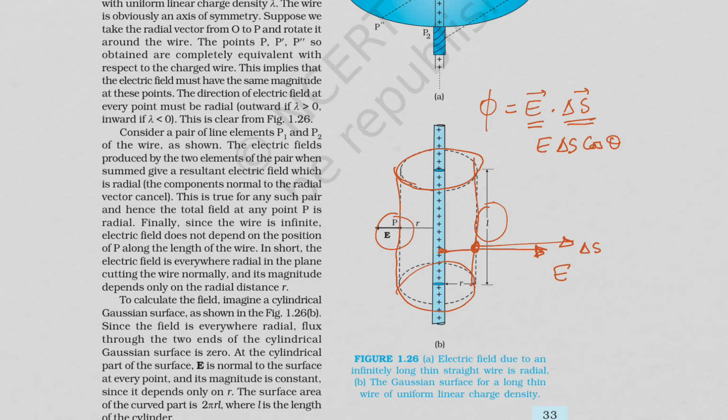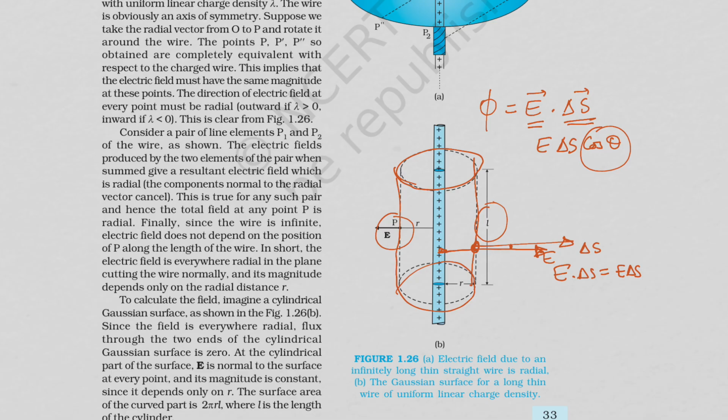So E dot delta S is E S, because cos theta becomes 1, since theta is 0 degree. There's zero angle between E and delta S. But for a Gaussian surface we have to find all the possible areas where we can find the flow of electric field.